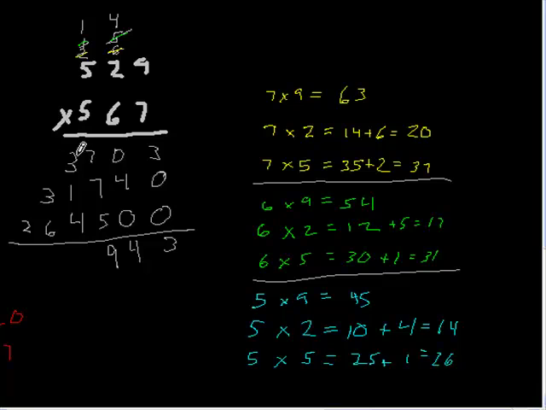So now I'm going to carry my 1 and place it above this 3 here. 1 plus 3 is 4, plus 1 is 5, plus 4 is 9. And 3 plus 6 is 9. And then drop the 2. And my final value for 529 times 567 is 299,943.